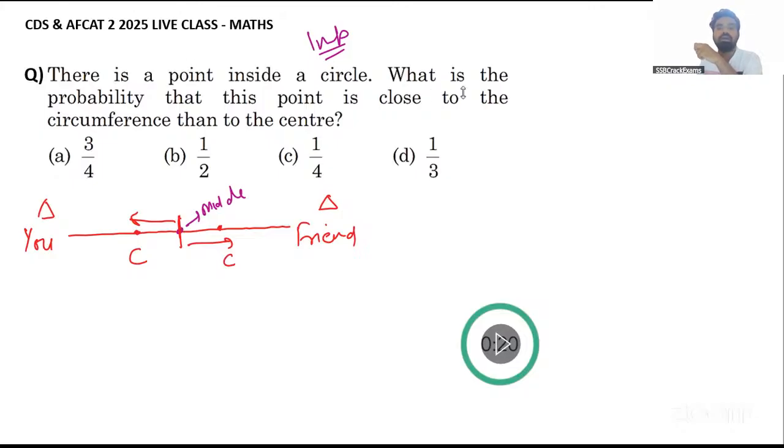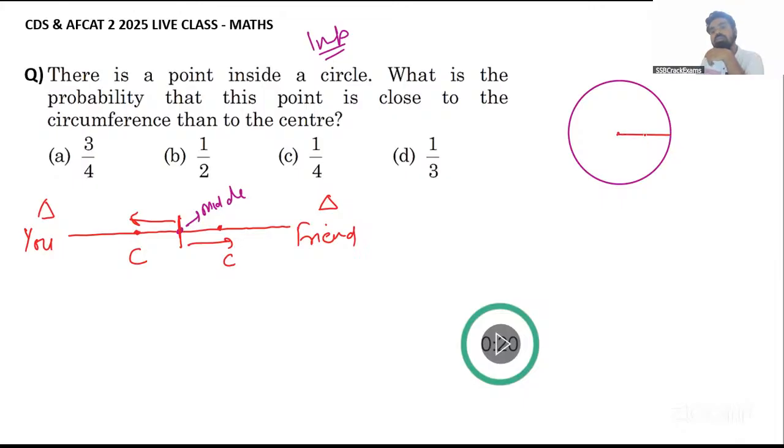So it is asking the probability that this point is closer to the circumference than to the center. Suppose this is the circle, and this is the center of the circle. Now this is the radius of the circle.